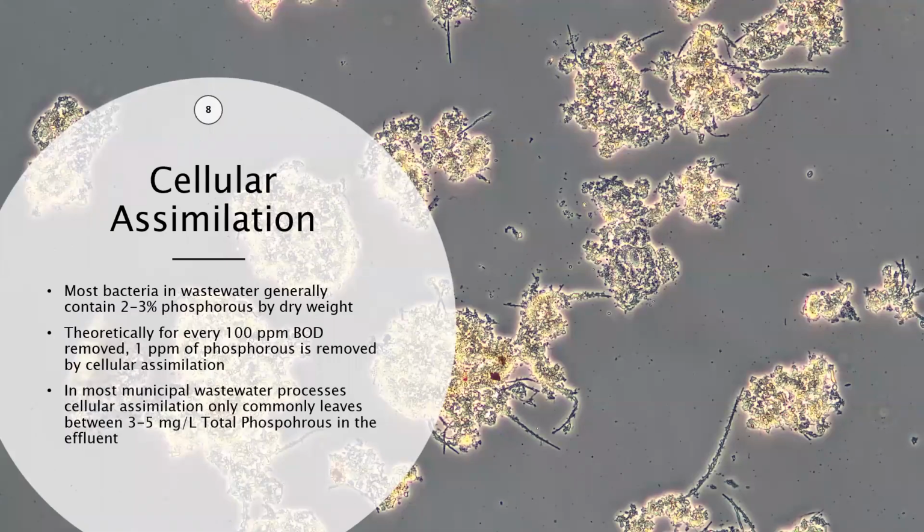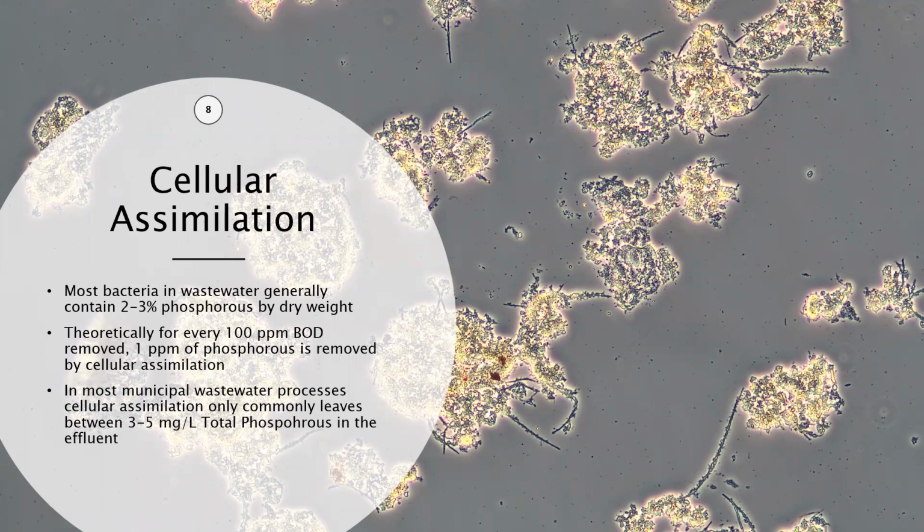So we are going to get some phosphorus removal that just occurs through BOD removal and BOD degradation. Most bacteria that we have in wastewater generally contain 2 to 3% phosphorus by dry weight.